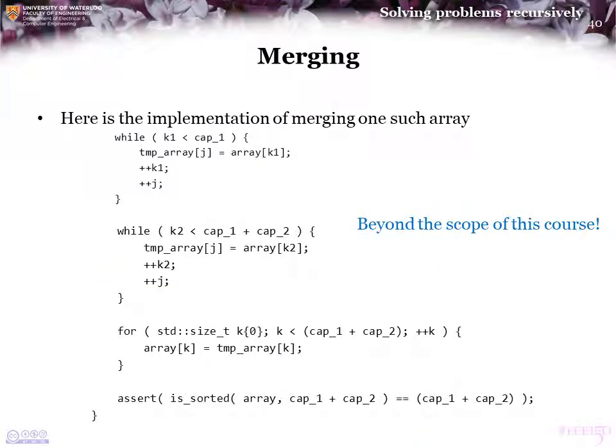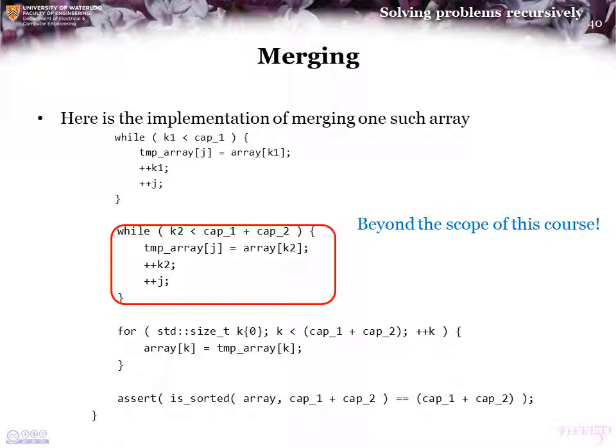After this, we copy over any remaining entries in the first half of the array to the temporary array. And notice that if k1 is already beyond the first half of the array, this loop doesn't run at all. And this copies over all the entries from the second half that are left over into the temporary array.